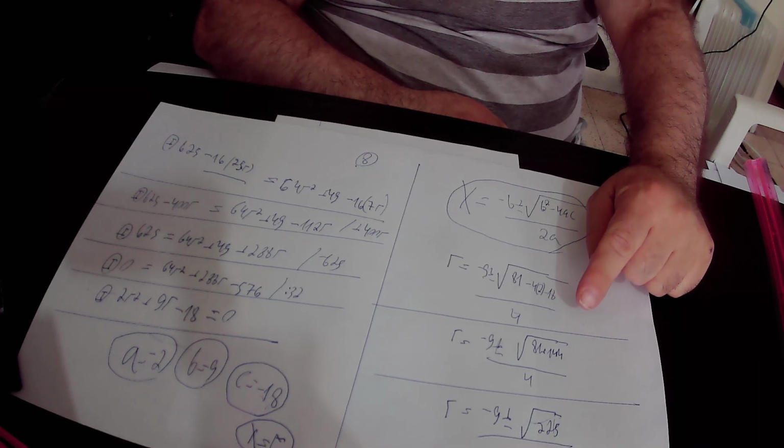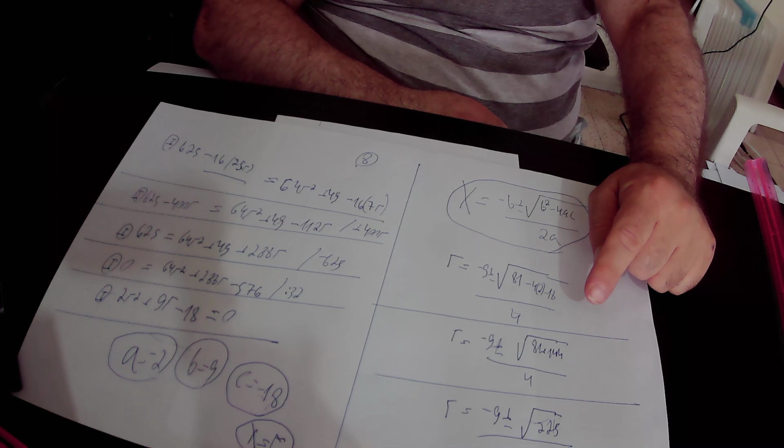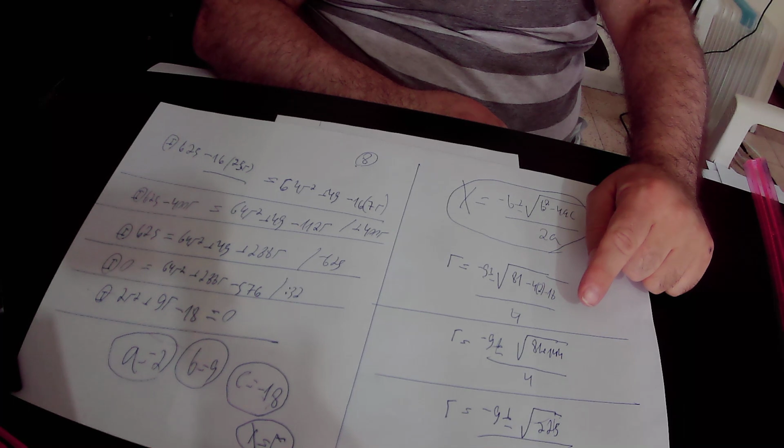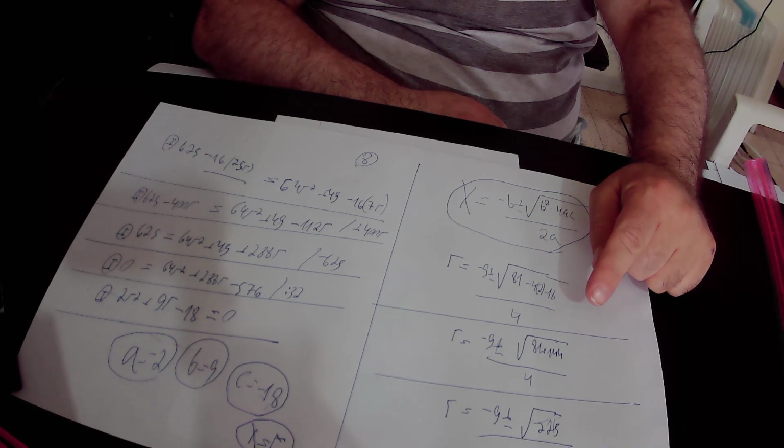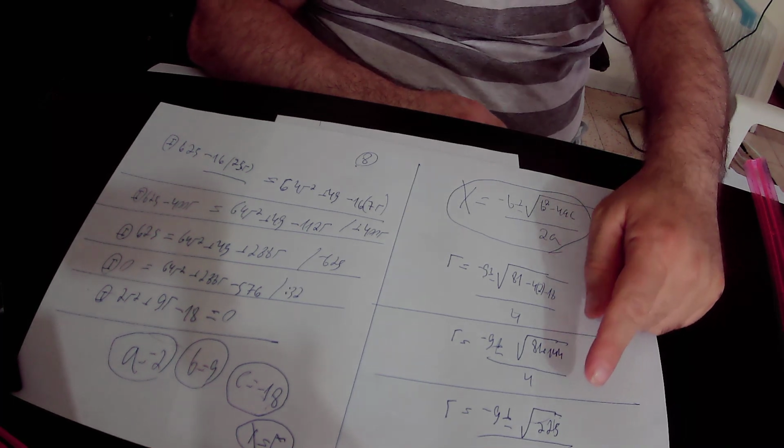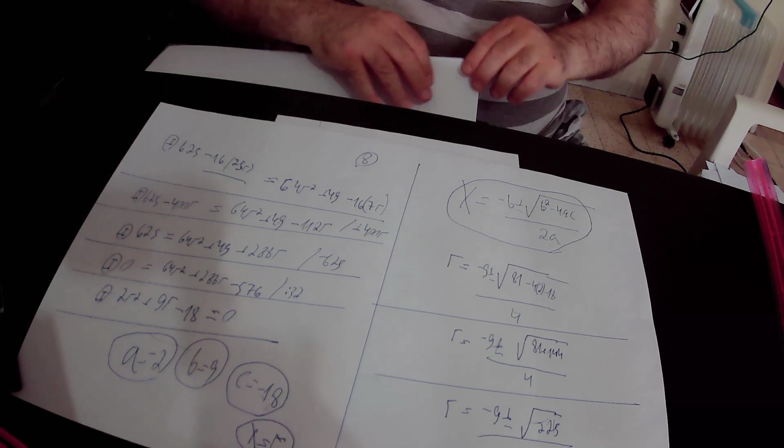So inside the root we are left only with 81 plus 144. So r equals minus 9 plus minus the square root of 81 plus 144 is 225, all divided by 4.